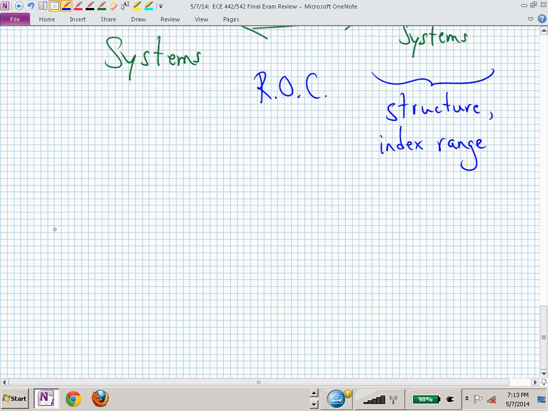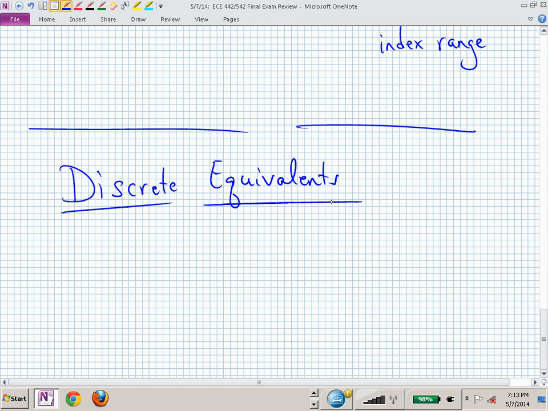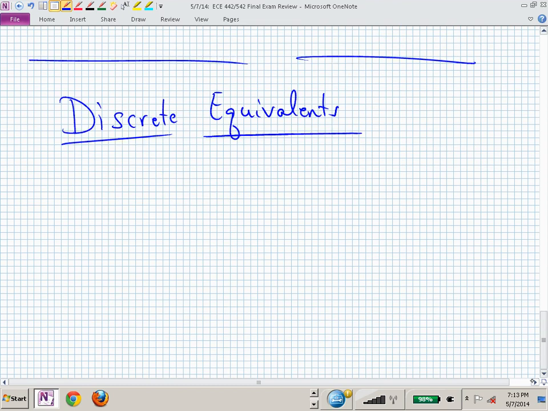Another topic is discrete equivalents, and you can think of this as falling into two classes. This is all the same class, but two different strategies for doing discrete equivalents.